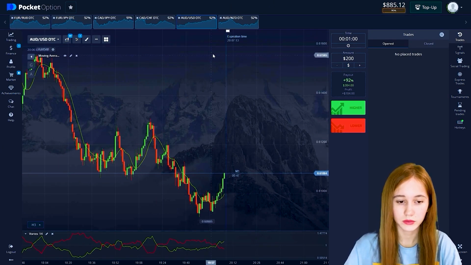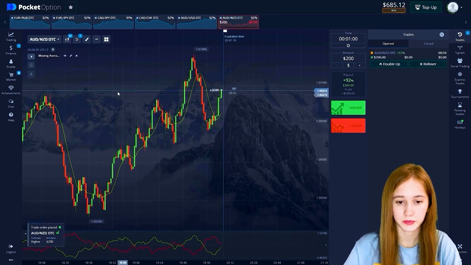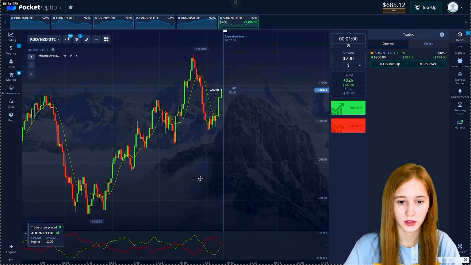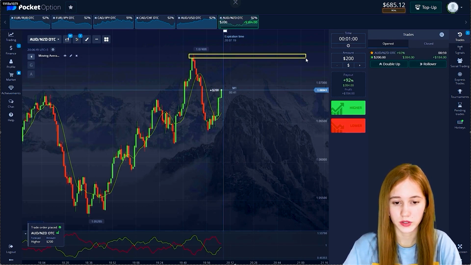Here we are, open up, and we start our technical analysis. What we see here, it was a drawdown and quite large growth. Upper is the resistance area, below is the support area.